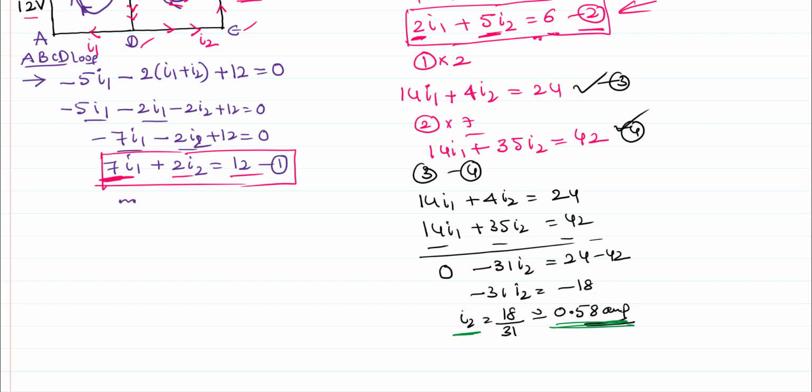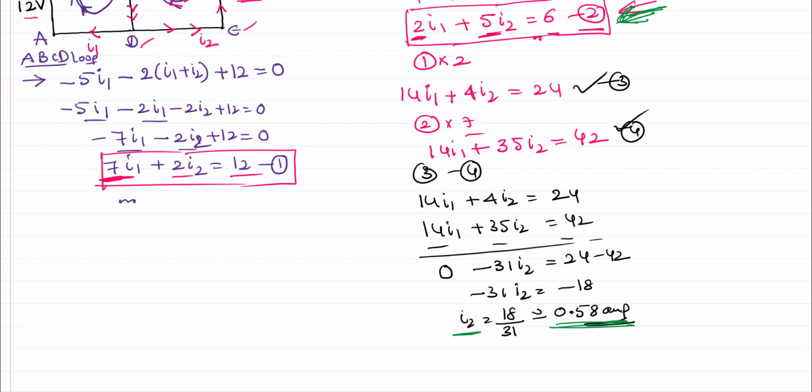I can substitute this I2 in any of the equations that we have, right? Let us substitute in equation number 2. You can substitute in any equation, but equation number 2 looks a little simpler.